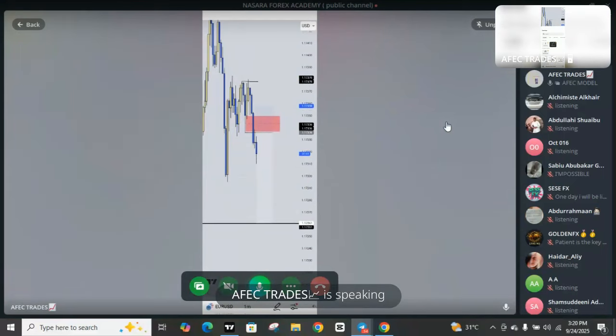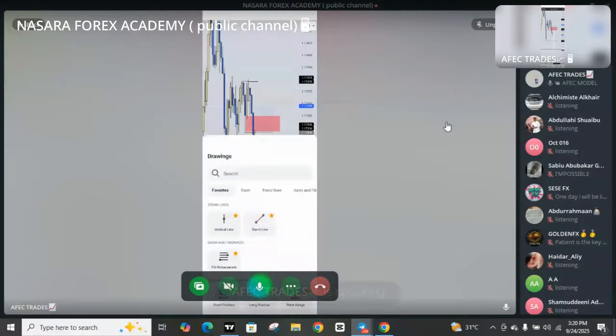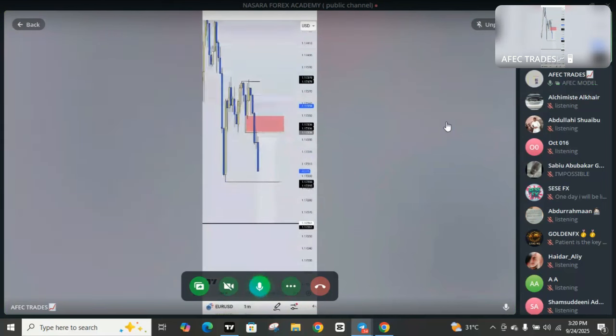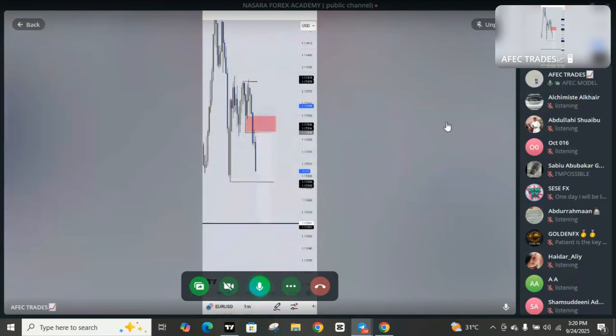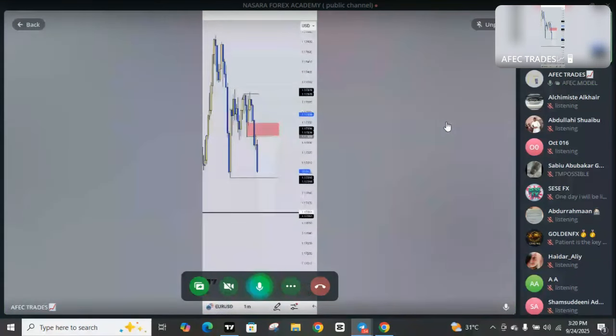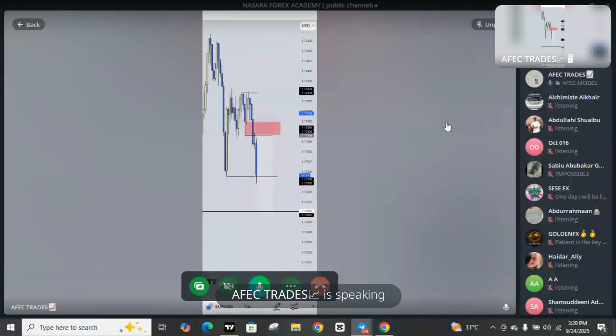If price took out this low, then we can break even. So we can break even here. We are risk free, right?